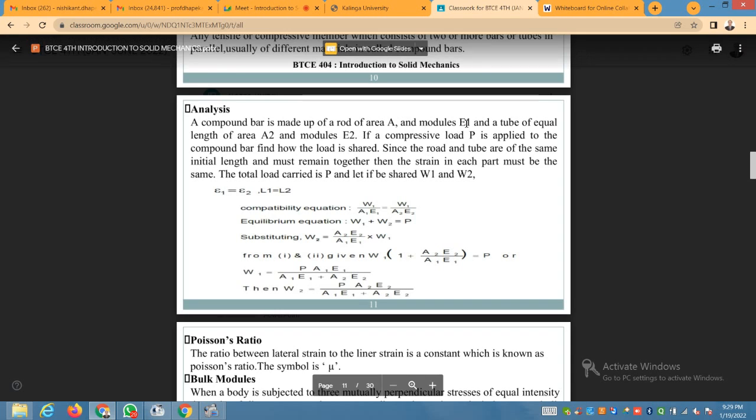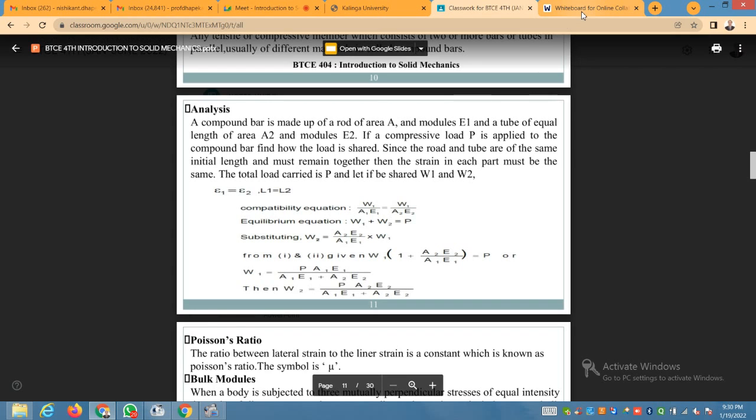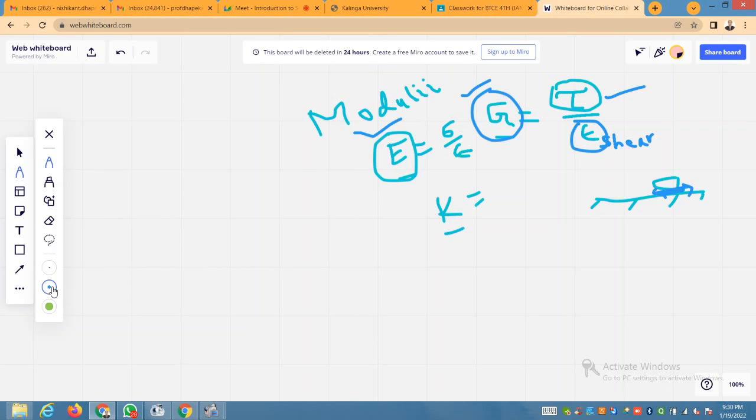So modulus of one portion is E1, modulus of other portion is E2. Loads acting are W1, W2. The lengths of the various portions are L1, L2. I shall try to draw here how the section is. Suppose this is the section. Either it is a single section or it is made up of two small sections. It hardly matters. So this is W1 and this is W2.